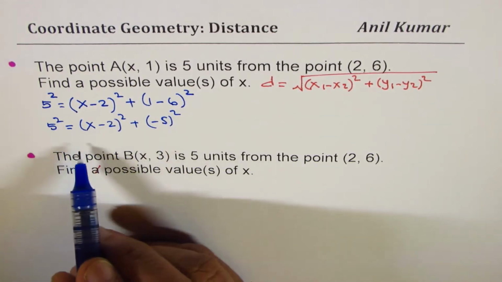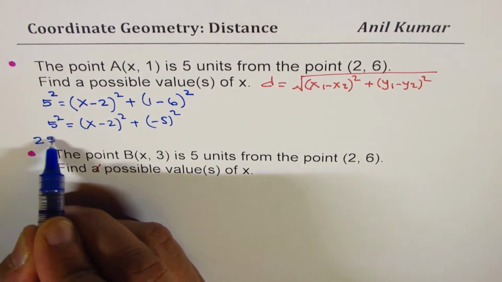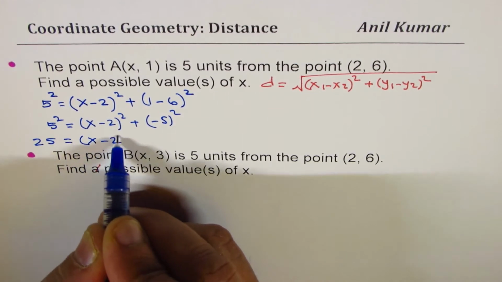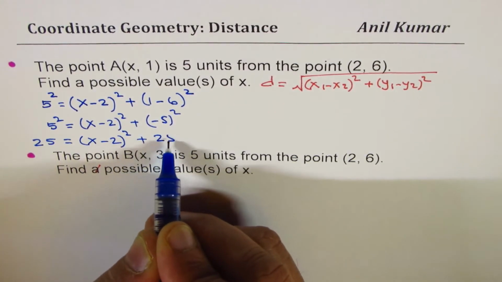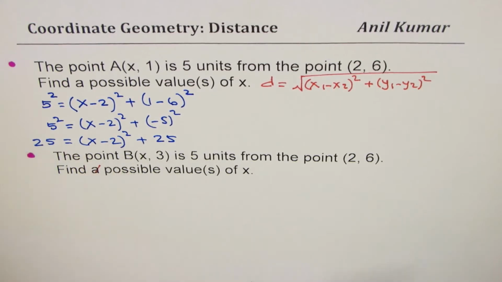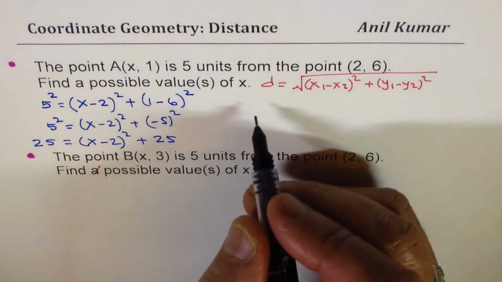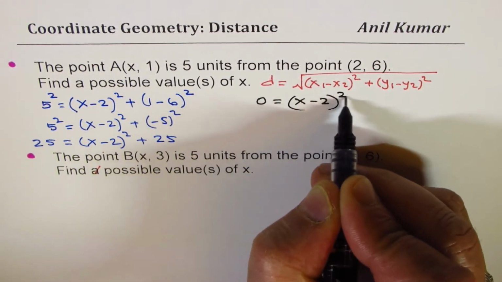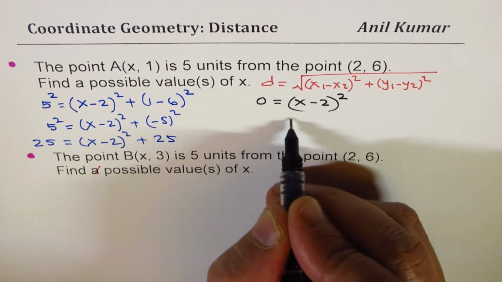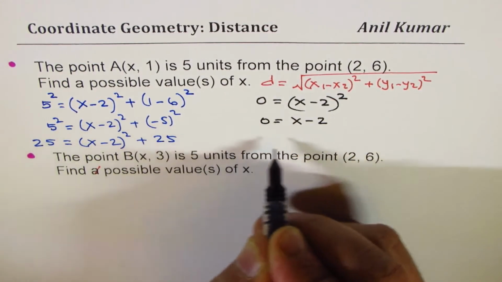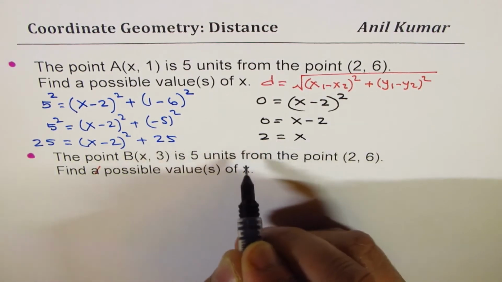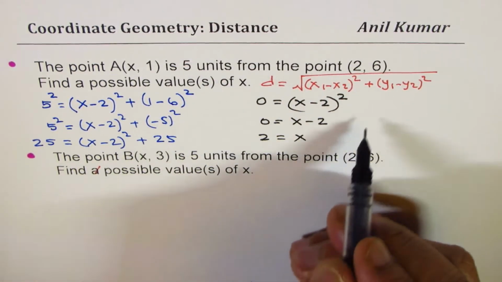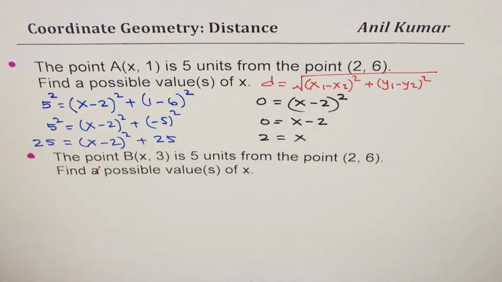So we can write 25 equals (x minus 2) whole square plus 25. Now bringing 25 here gives me 0. So taking it to the right side, I have 0 equals (x minus 2) whole square, and that gives me one solution, which is x minus 2 equals 0, and that is possible when x equals 2. So in this particular scenario, we get one answer, which is x equals 2.